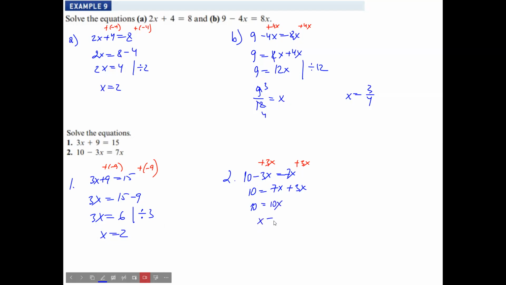So adding, what? You're moving to the other side. Yeah, so well, I'm still adding, but negative 9. Yeah, here we technically divide by 10, both sides. Okay, gentlemen?